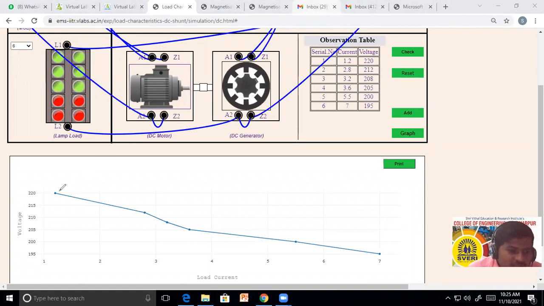If the current increases, the voltage will drop slightly. See, suppose on that graph this one is the constant voltage at no load condition.